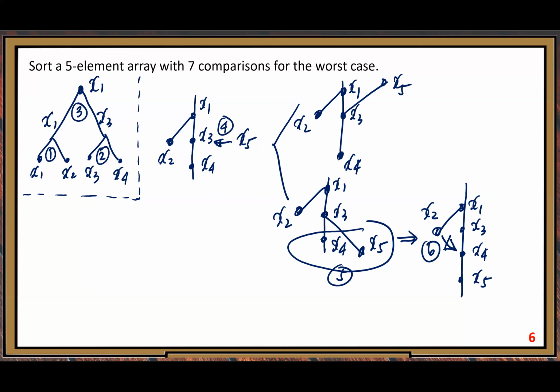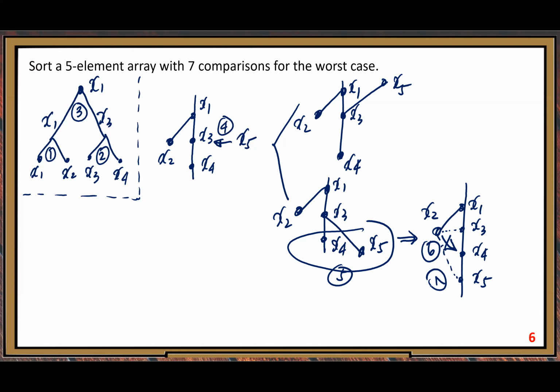That's number 7. So you get it sorted. So x2, to do the insertion, you need 2 comparisons, because it's below x1. You only need to insert somewhere in that remaining 3 elements.